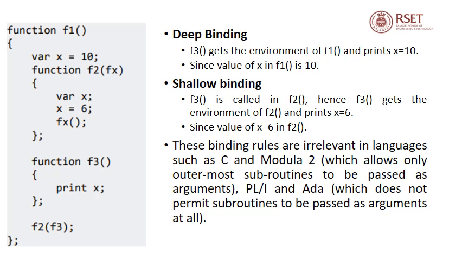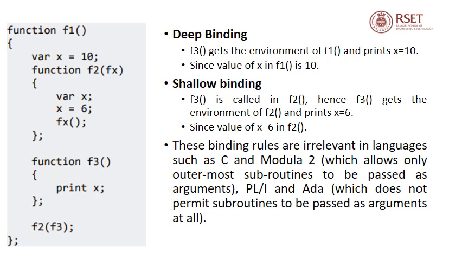Now let's see what happens if we use the concept of shallow binding. In the case of shallow binding, the binding of referencing environment happens during the actual function call. So when we execute the statement f2 of f3, we are first calling the function f2. So the referencing environment of f1 will get assigned to f2.